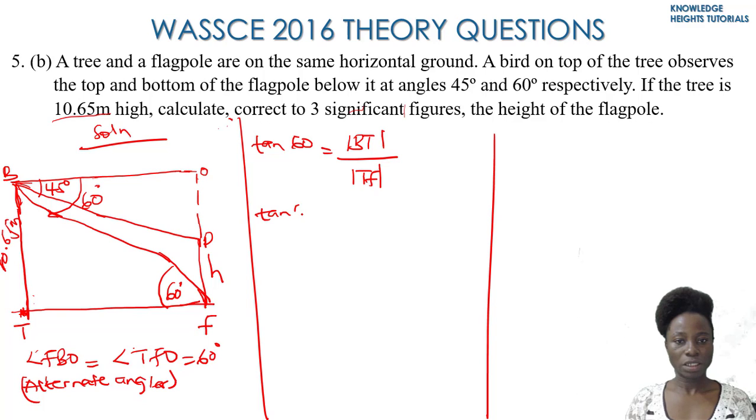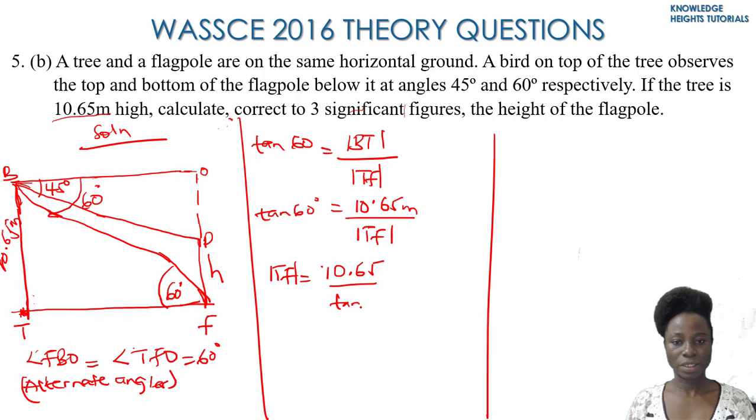But we know that line BT is what? 10.65 meters all over line TF. That's what we are looking for now. So line TF will be equal to 10.65 over tan 60. Let's use our calculator here.